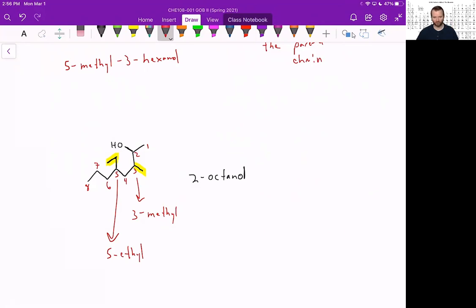Whenever we assemble, E comes before M. So the full name is 5-ethyl-3-methyl-2-octanol. That's how you would name that alcohol. Okay. Minimize the location number of the hydroxyl group.